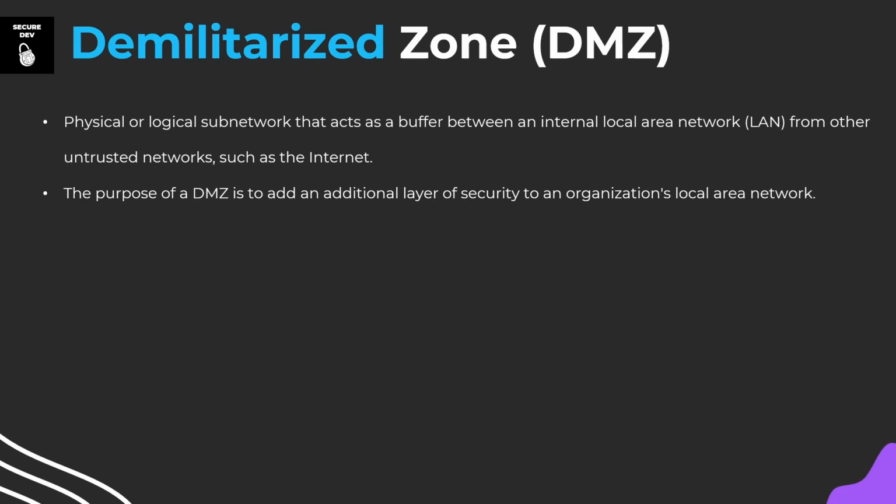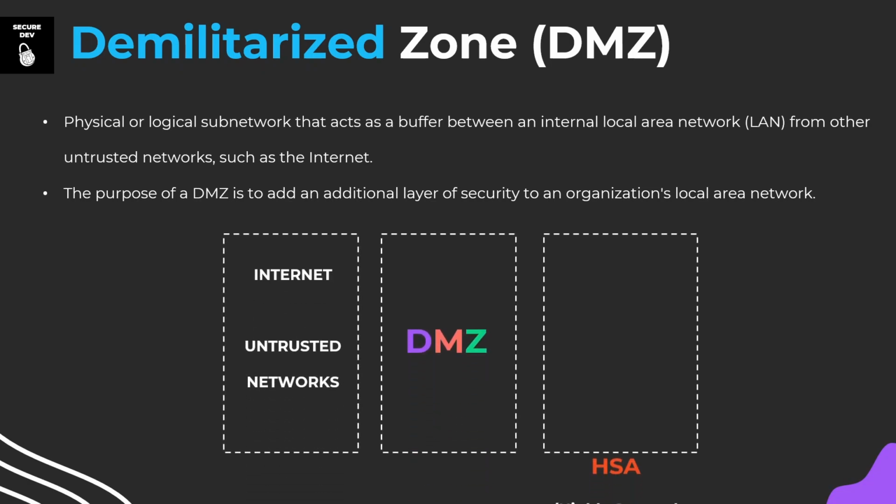So take a look at this diagram. You will see the DMZ sandwiched between the untrusted network, say the internet, and the highly secured area, HSA, which is our internal network. So one of the keys to leveraging a DMZ effectively is through careful deployment patterns. By strategically placing systems within the DMZ, we can ensure that even if an attacker breaches the outer network defenses, they still wouldn't have immediate access to critical internal resources.